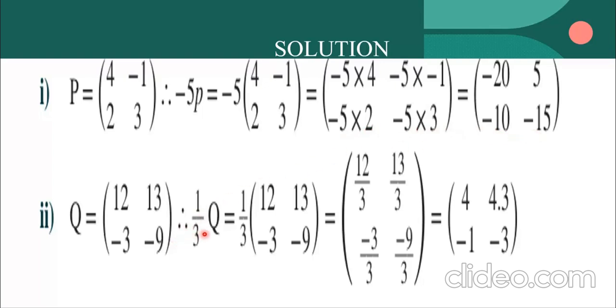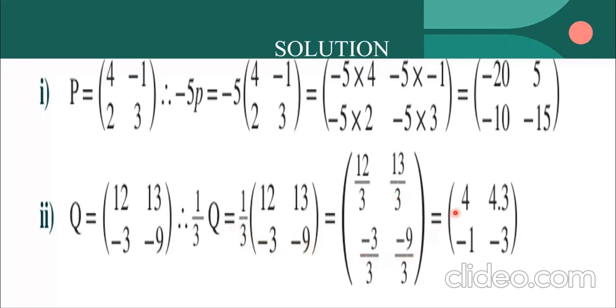Then we do this one, where our scalar multiple is 1/3. So we multiply each element by 1/3. So 1/3 of 12, 1/3 of 13, 1/3 of minus 3, 1/3 of minus 9.